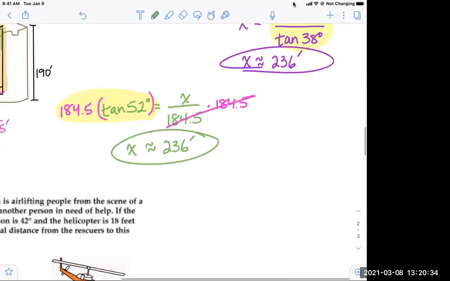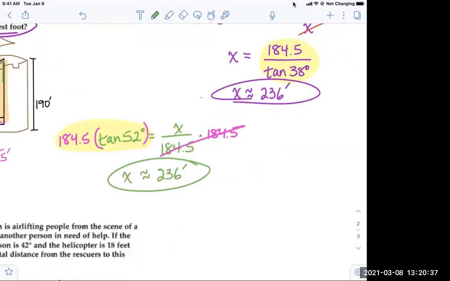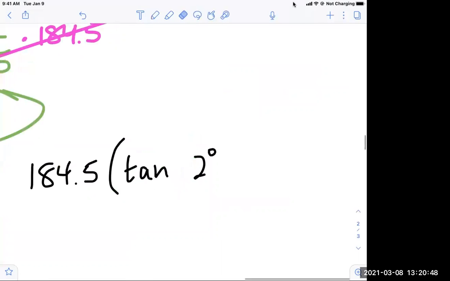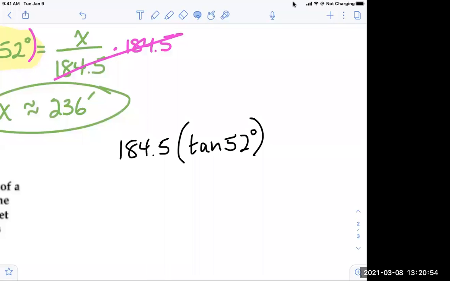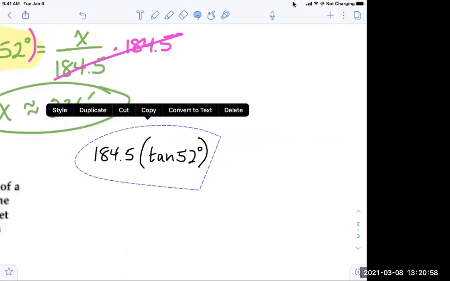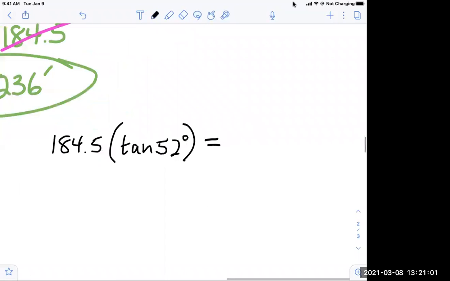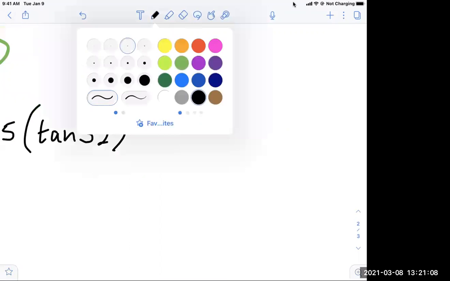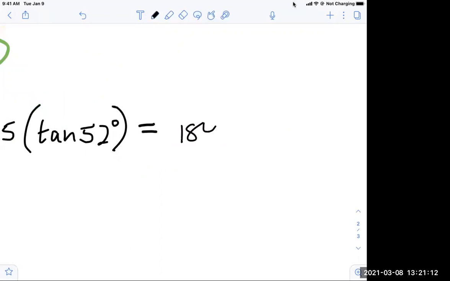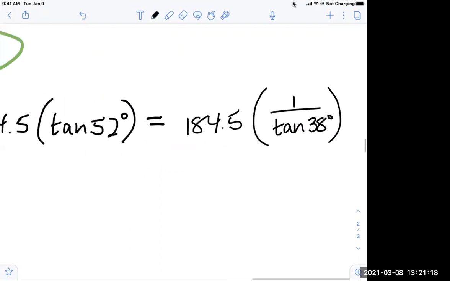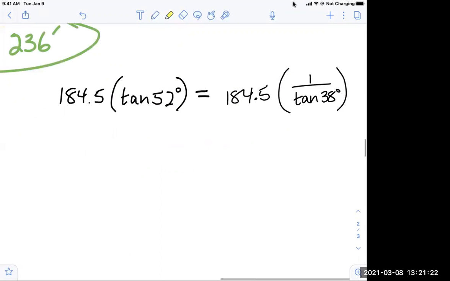Okay, so to reiterate what Scott said, these will be the same. 184.5 times the tangent of 52 will be equal to 184.5 divided by the tangent of 38, because dividing by the tangent of 38 is the same thing as saying 1 over tangent of 38, and those are reciprocals of each other.